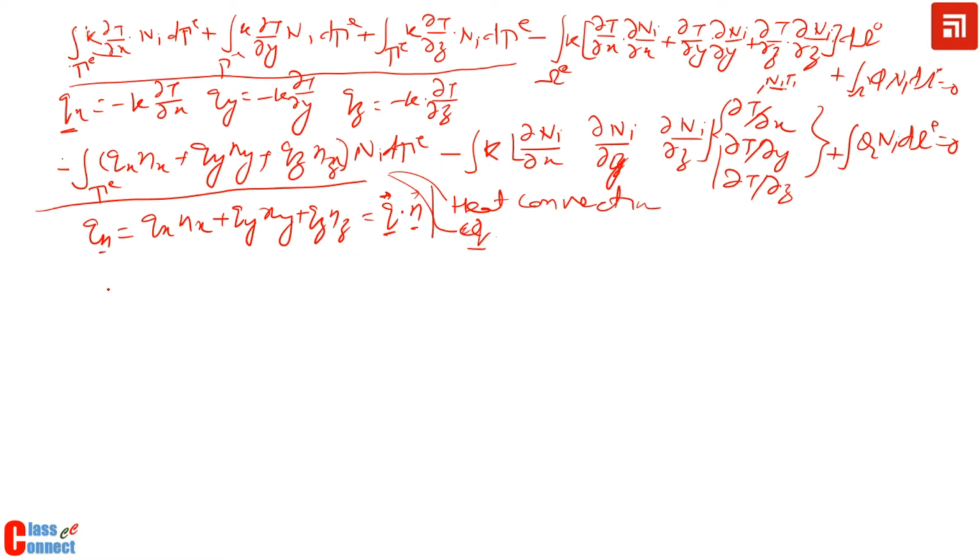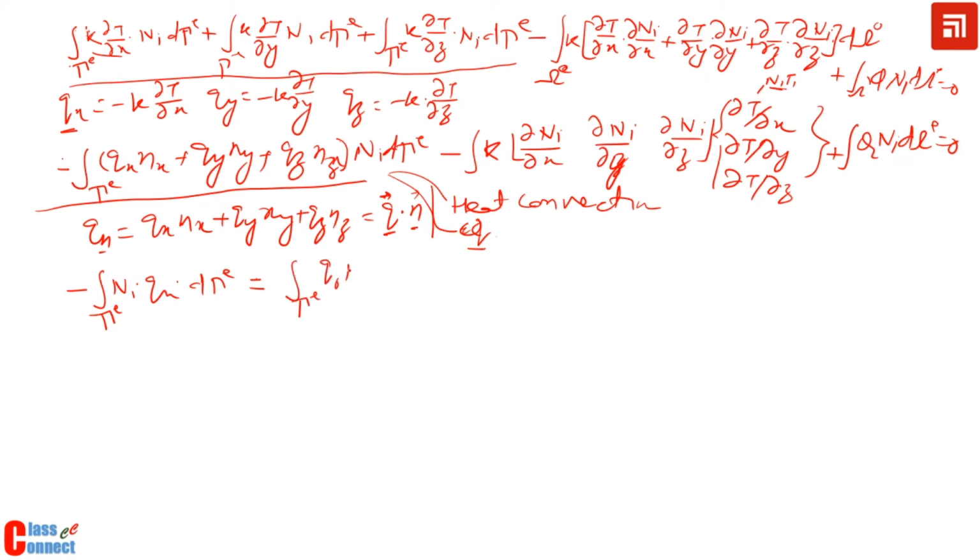So this term I can write in this form, that is minus integral over the boundary Ni Qn d sigma, that is equal to the two components.